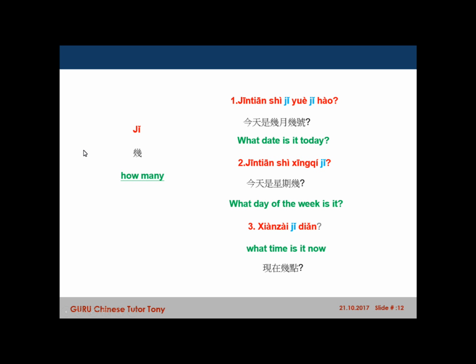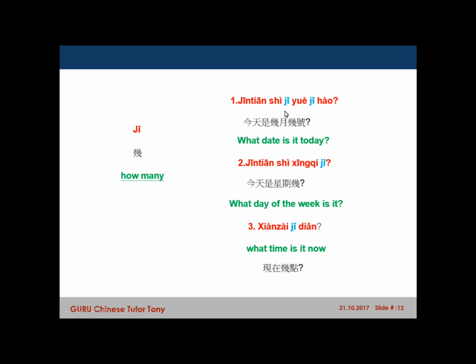Okay, now we're going to teach you how to ask what day, what time is it. Firstly we have to know how to say how many, which is 几. 几 is how many or which. 今天是几月几号.